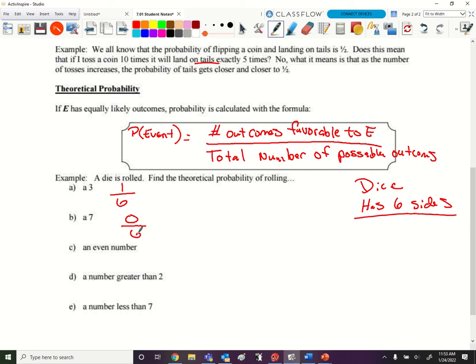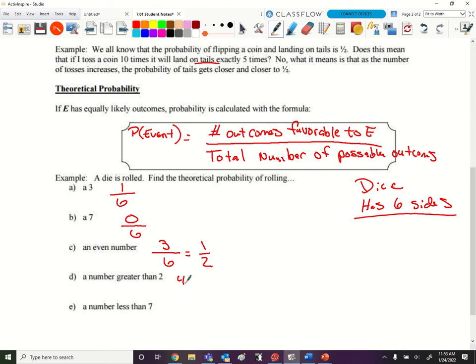Next one, even numbers. My even numbers are 2, 4, and 6. So I have 3 of those out of 6. And that one will reduce to 1/2. So half of the numbers are even. A number greater than 2. Let's see, the numbers greater than 2 are going to be 3, 4, 5, and 6.